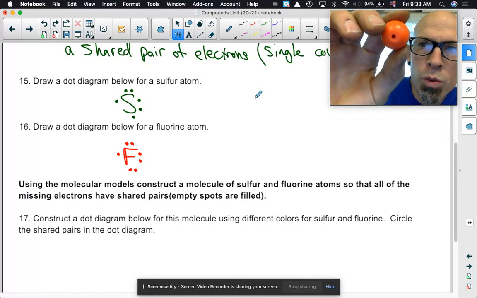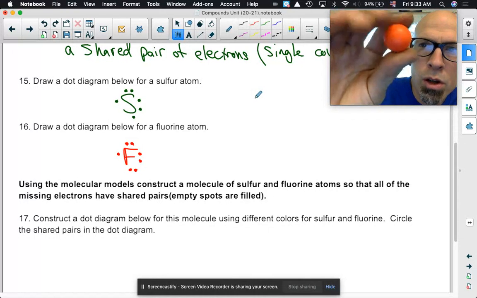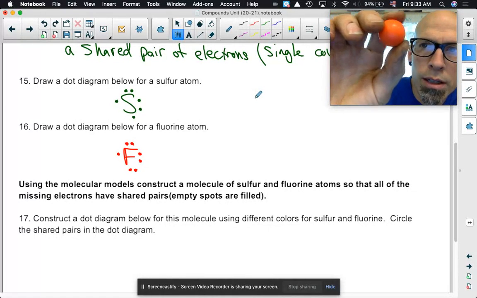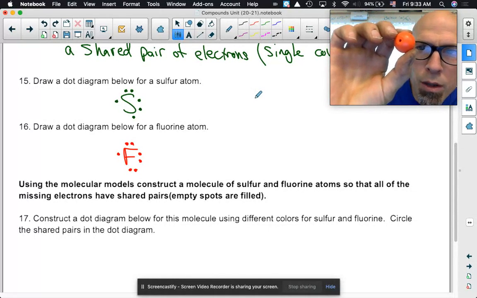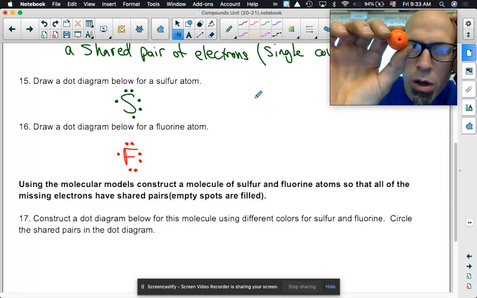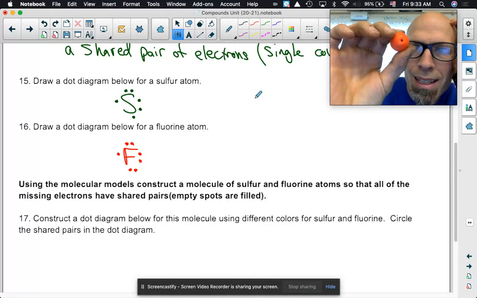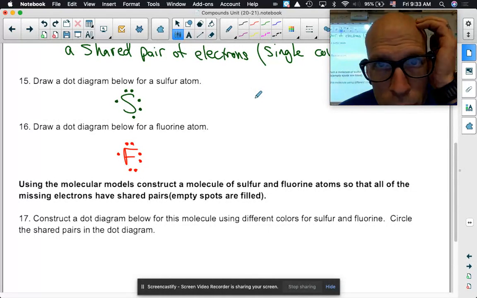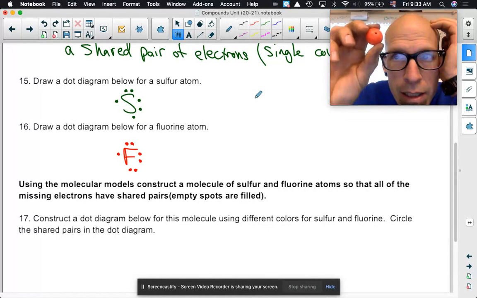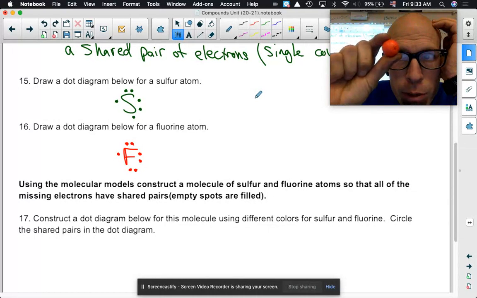This orange one has a single hole in it. And so which one would this be? Which of the two, sulfur or fluorine, would be like this? I hope you're thinking fluorine, because it has a single empty spot. And so we have a single hole here.